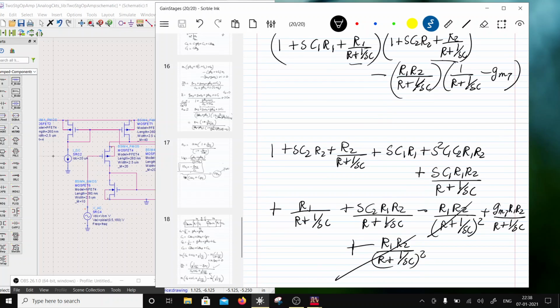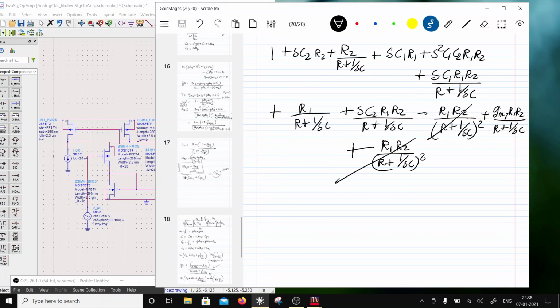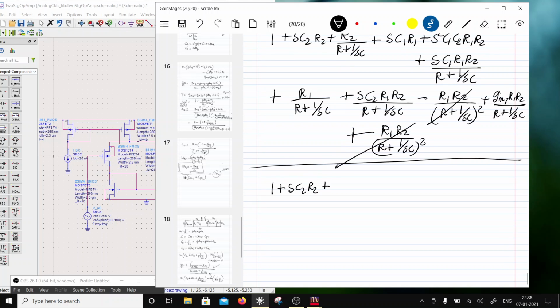Okay, so now what I'll do is, further simplifying it, I would have 1 plus SC2 R2 plus, so I'm doing this here, and this is SCR2 by 1 plus SRC. So it is going to be a little complicated, but maths is sometimes just brute force.